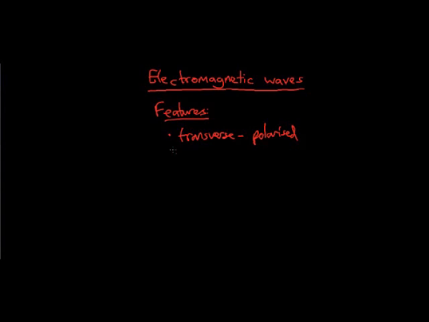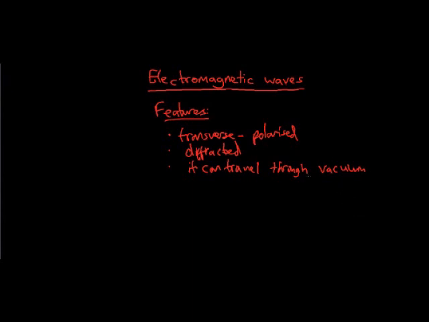Like all waves, it can be diffracted. We'll talk about that in another video. And it can travel through a vacuum. That's one of the main features of it. It's kind of like, how can it travel through a vacuum? It's a wave, it needs a medium.